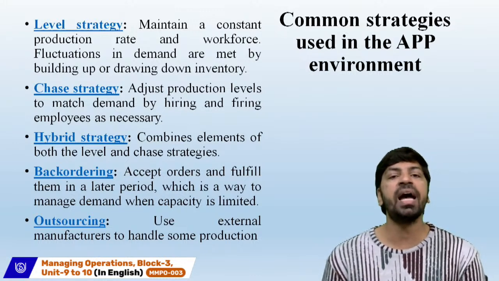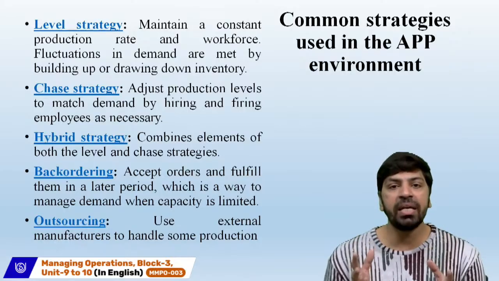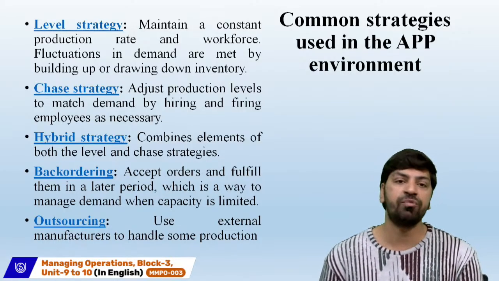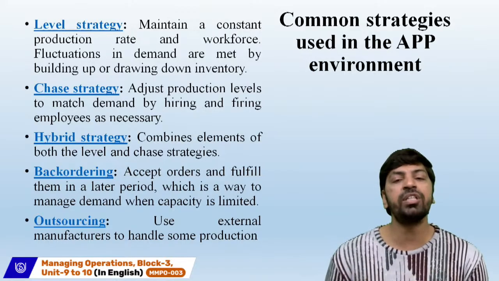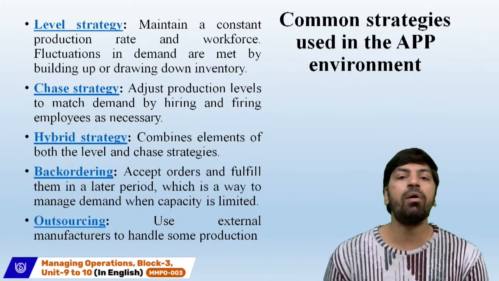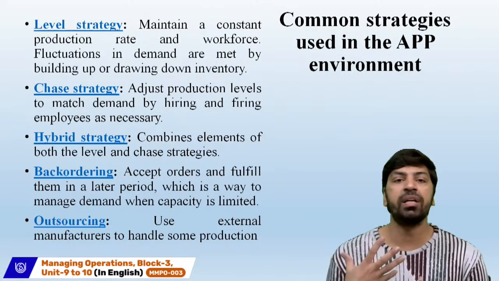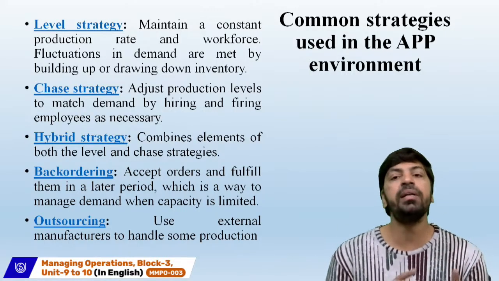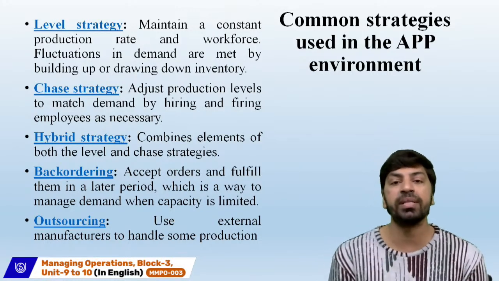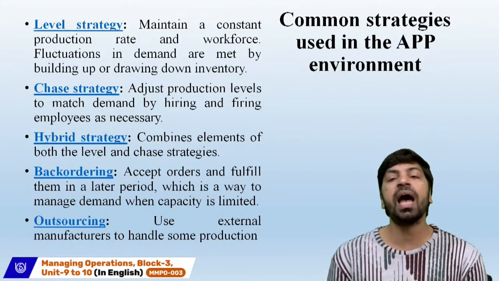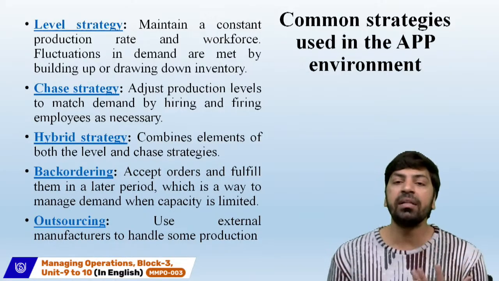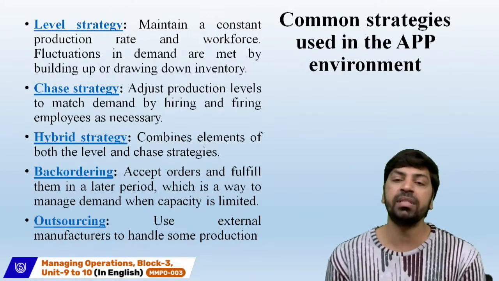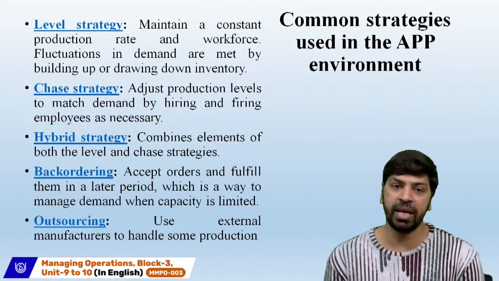Next one is a hybrid strategy. It combines the elements of both the level and the chase strategy. And the next strategy could be the back ordering strategy, where the organization accepts the orders and fulfills them in a later period rather than at present, which is also another alternative to manage the demand when the capacity is limited in the organization.